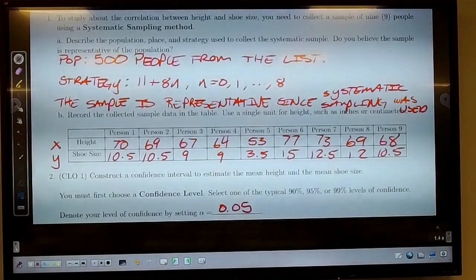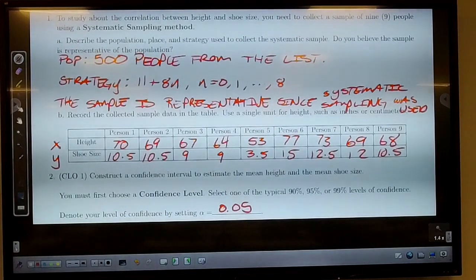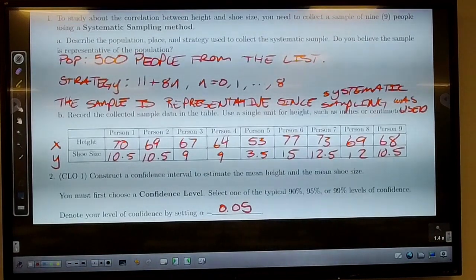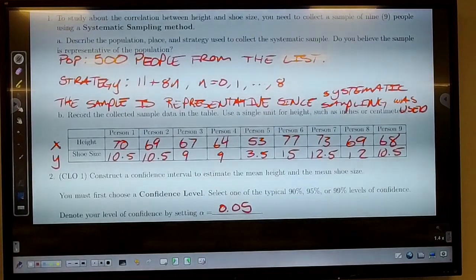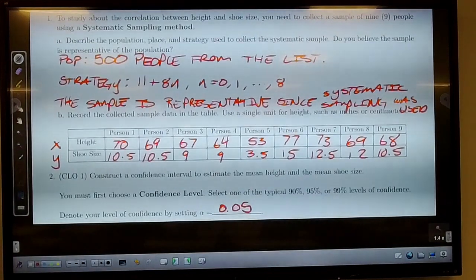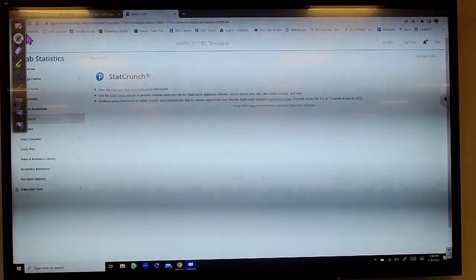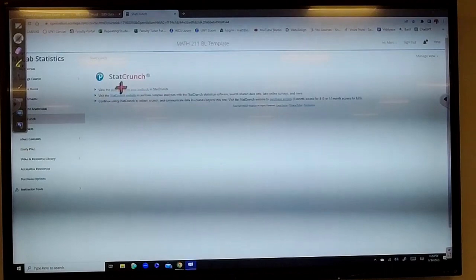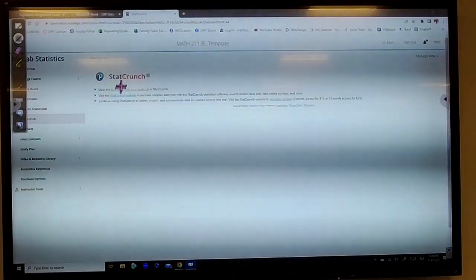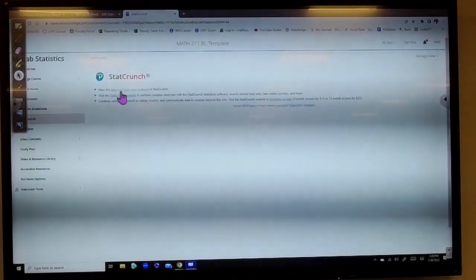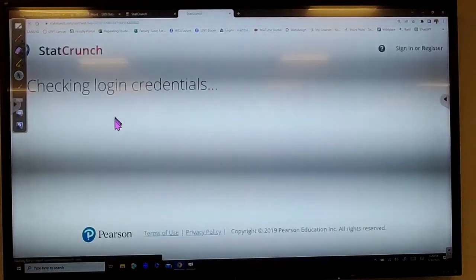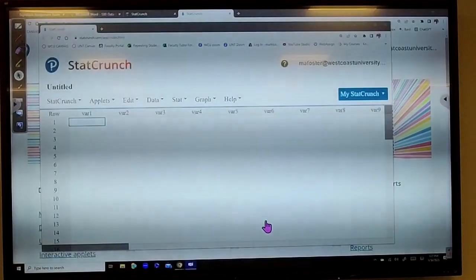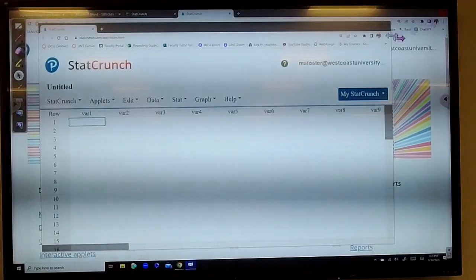Okay. So I will need to open up StatCrunch and type in these numbers. I'll just open up a blank StatCrunch and type this stuff in. So you can either go to any homework assignment and just click the button at the bottom. That works, or you can do what I'm doing. It doesn't matter. So here was my height.